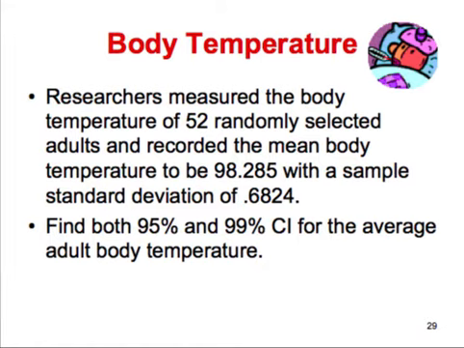So we will look at 52 adult subjects that reported a mean body temperature of 98.285 with a standard deviation of 0.6824. So let's compute both the 95% and the 99% confidence interval for the average body temperature of healthy adults.